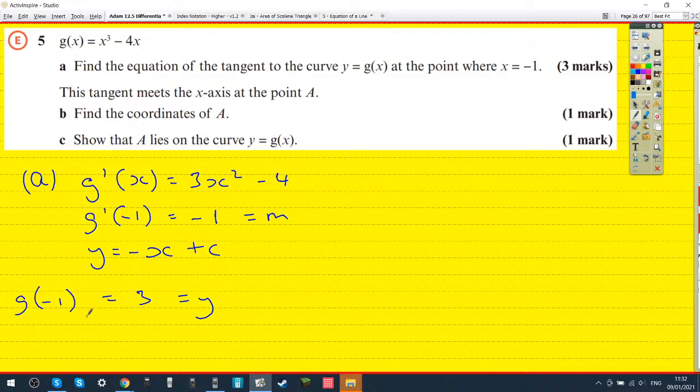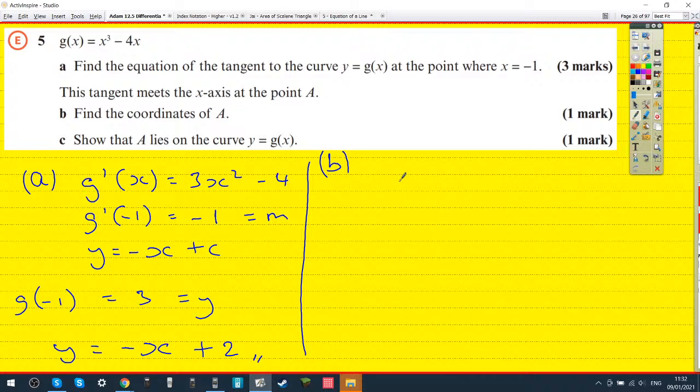Yeah, you get 3. So 3 equals minus x plus c. And I believe when you solve for c, c is 2. So that's your answer for part A. I just needed that for part B.